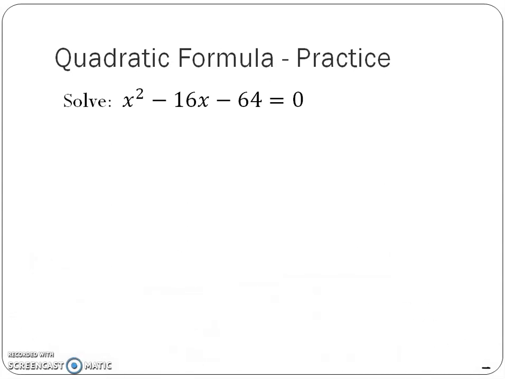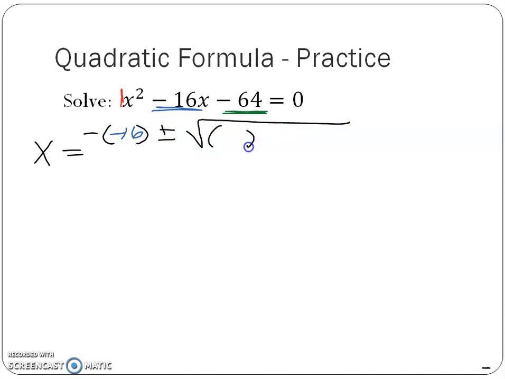This one is x squared minus 16x minus 64. Okay? So again, identify what is our a. That'd be that one in front. What is our b? My negative 16. What is our c? My negative 64. So x equals negative b. So negative, and then I've got a negative 16 plus or minus the square root of b squared.